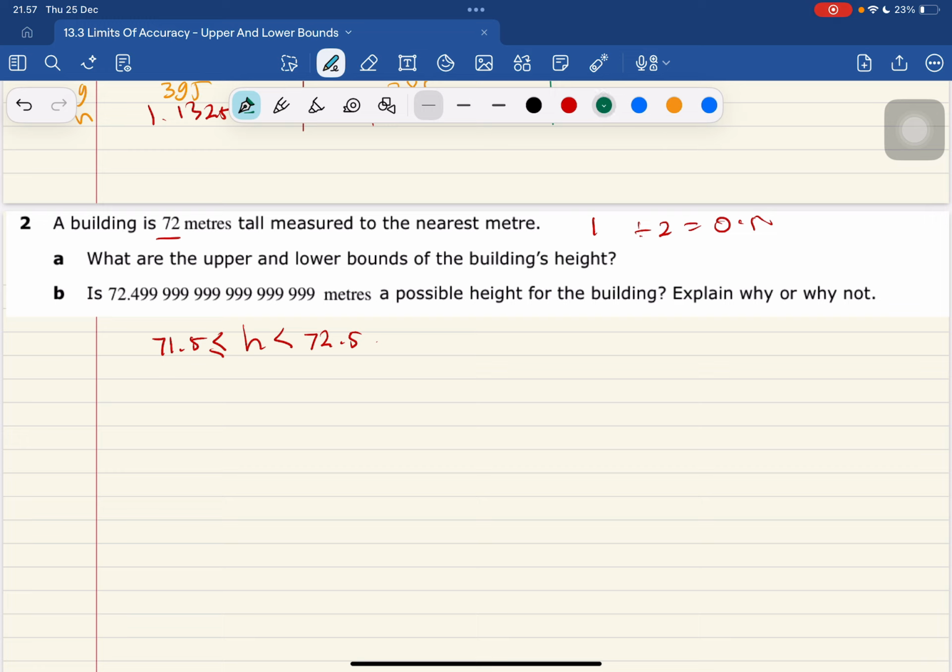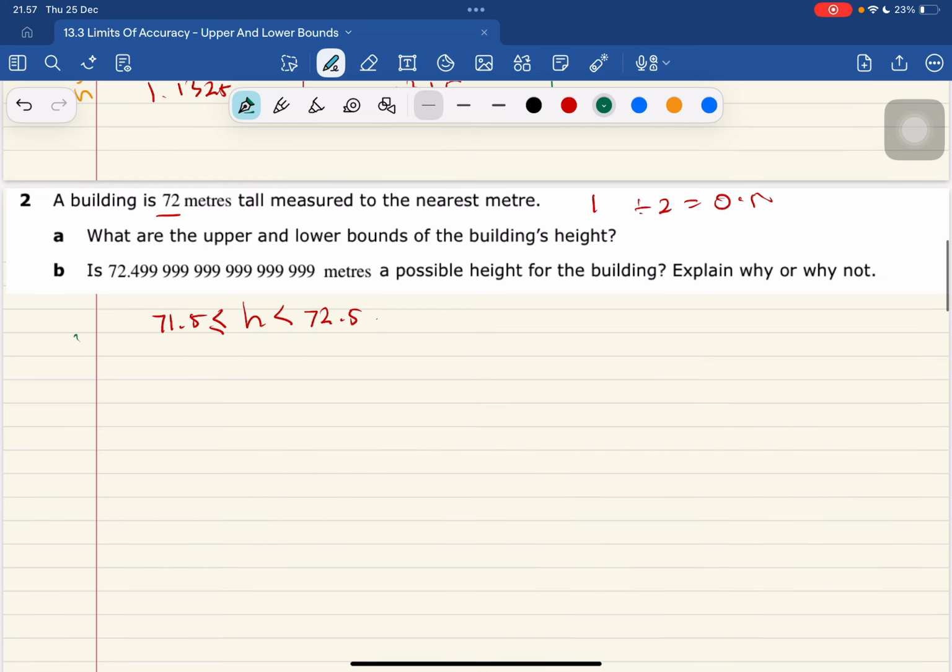Next, is 72.4999 meters a possible height for the building? Explain why. This is A and B. The answer is yes, because it is less than 72.5.